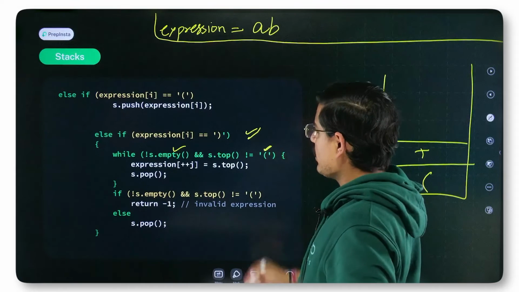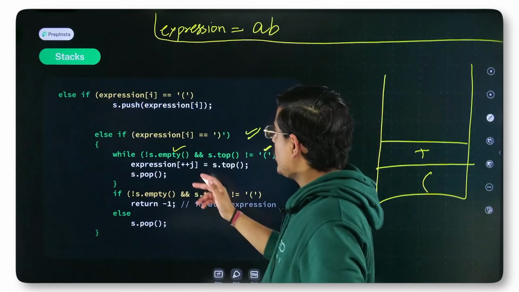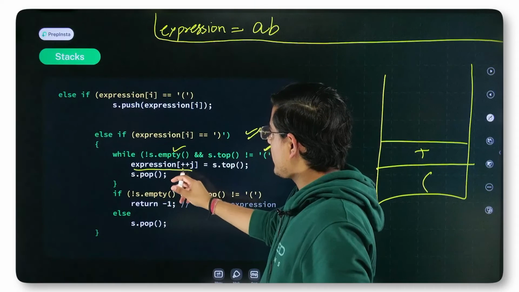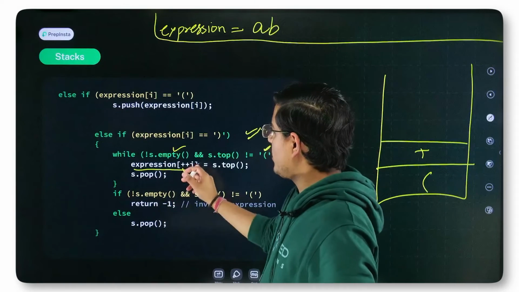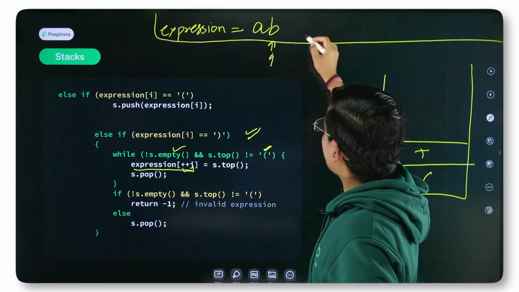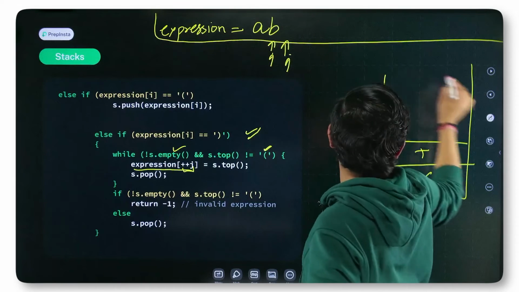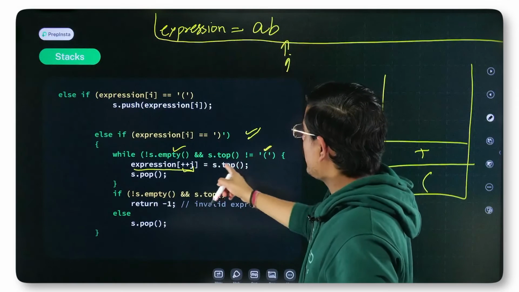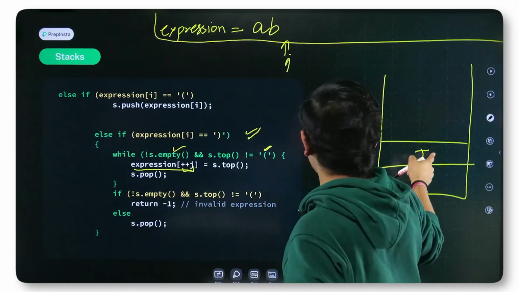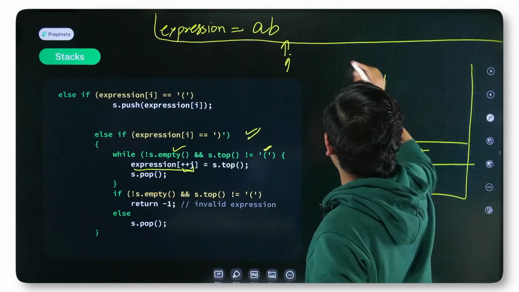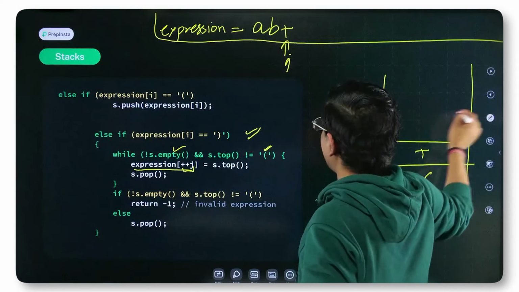So the top of the stack is not the opening bracket, this is not the case. Now if this is not the case, what you can do is, you increment the expression plus plus j, basically you pre-increment the value of j. J was right now here, you pre-increment it further, fine, j goes here, and after j goes here, what you do is, you put what was on the top of the stack, which is plus, fine. So I put it here, and then I pop.